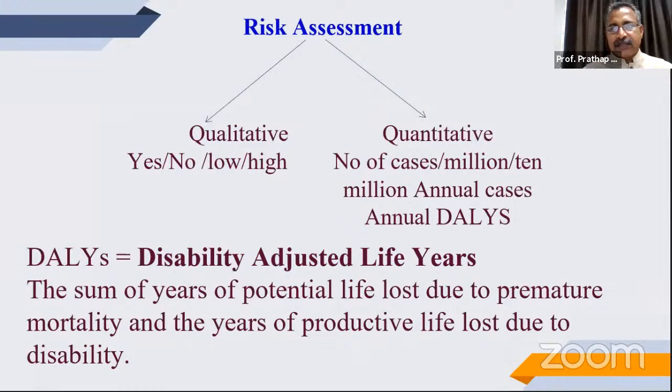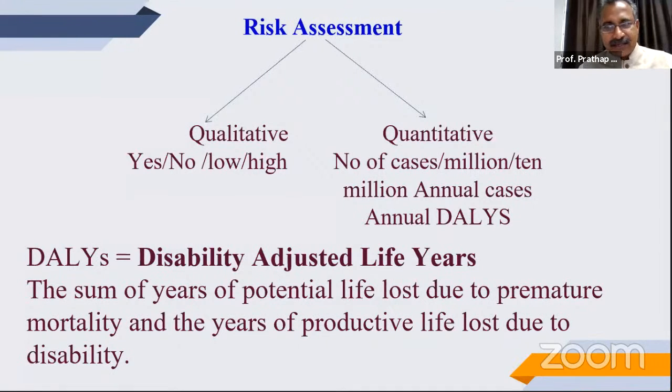Therefore, the risk assessment can be qualitative, like yes or no, low or high, or in many cases, it is quantitative. For example, in the case of the pin, we say yes or no, whether it is there or not. In the case of chemical and biological contaminants, it will be quantitative: number of cases per million, per 10 million, or annual cases.